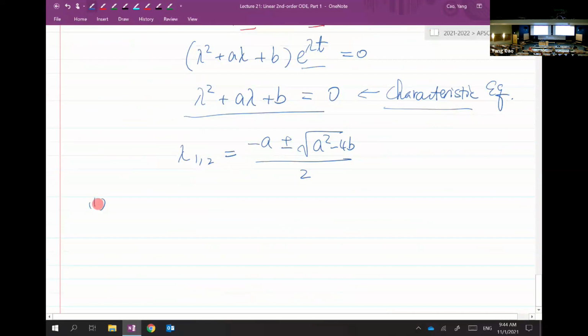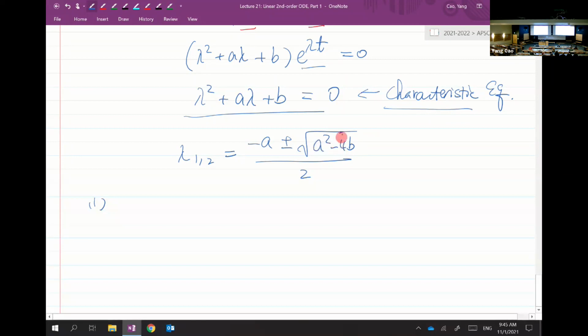However, what's a little bit complicated is this. If you look at the solution here, the square root term could be, what's complicated? The a squared could be more than 4b, or a squared could be less than 4b, or a squared could be equal to 4b, right?